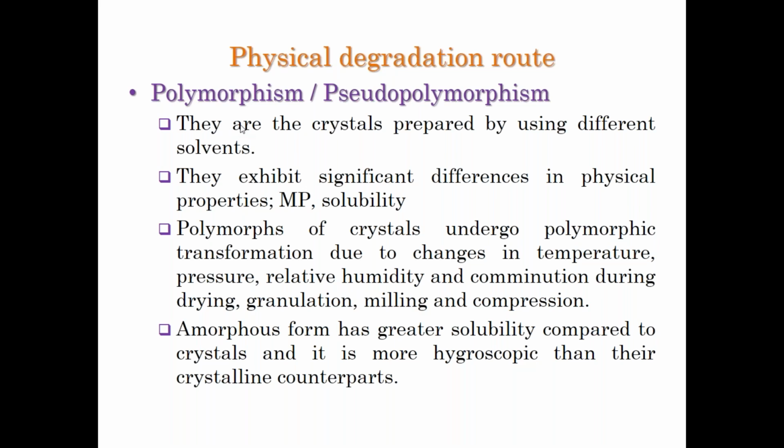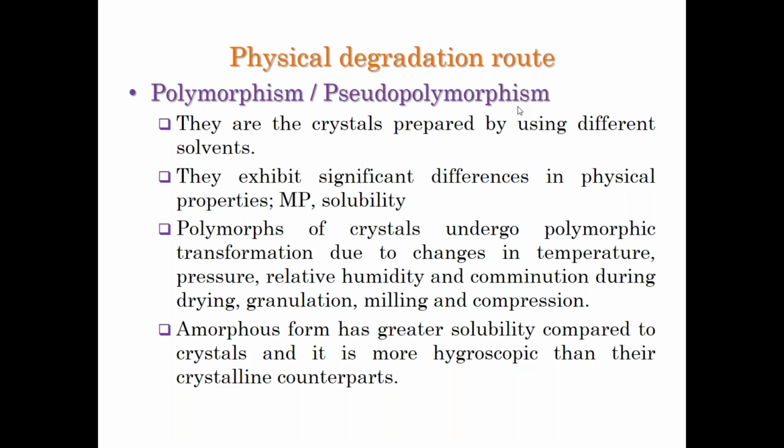So that affects the physical property. Change in the physical property happens because of the different forms of the polymorphs. But in pseudopolymorphism, there is no change in the crystal structure, but the solvent is entrapped inside that crystal structure, either organic solvent or aqueous. If it is aqueous, water, you call it hydrates.